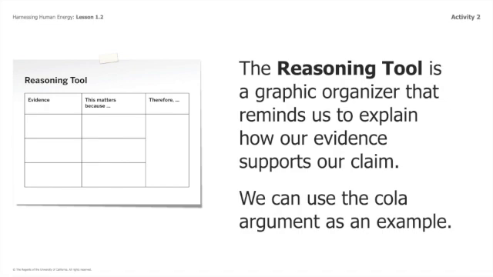So this reasoning tool, which you will get, has evidence, which is the 4-MEL. Then we have the reason section: "This matters because." That's where you're going to write your reasoning. Then "therefore" is your claim. Notice that there's only one box for "therefore," because you really should only have one answer for this section.